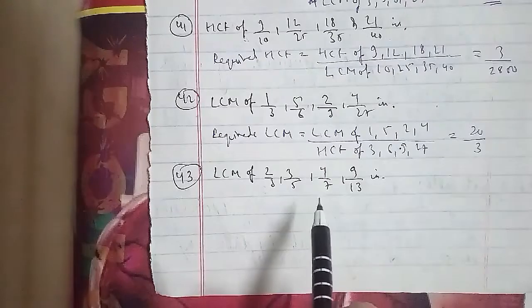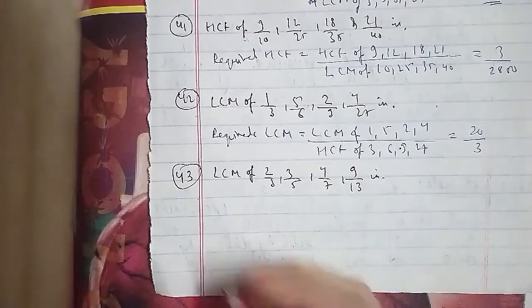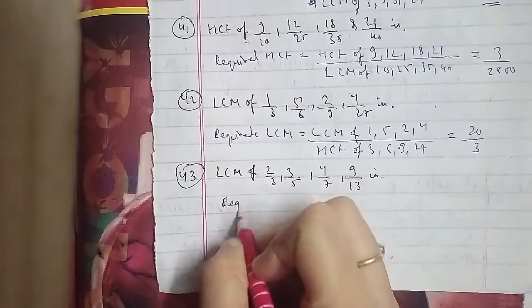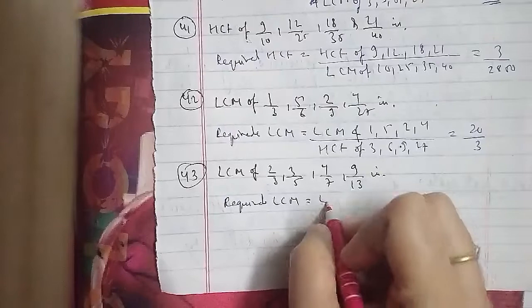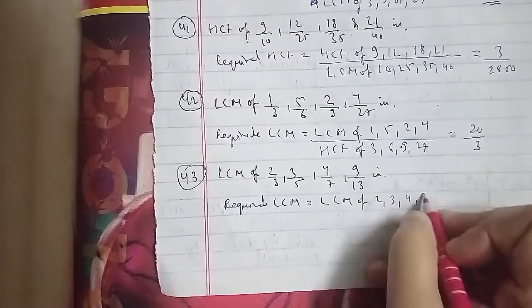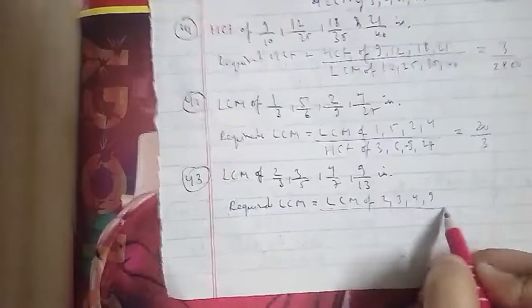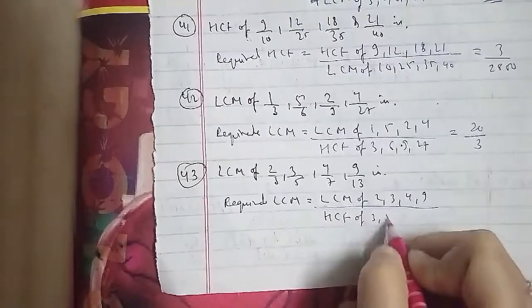The HCF of 175, 560 and 700 is 35. So the HCF of the given numbers will be 0.35.